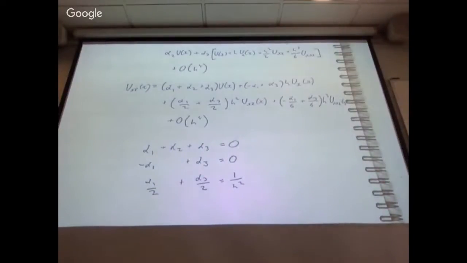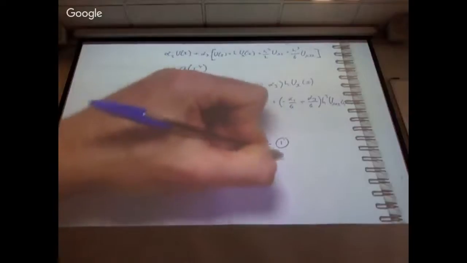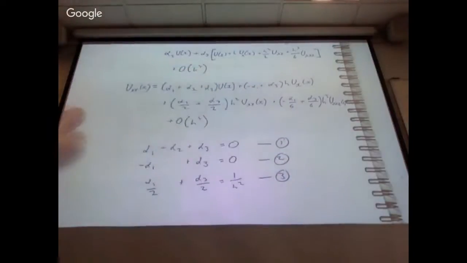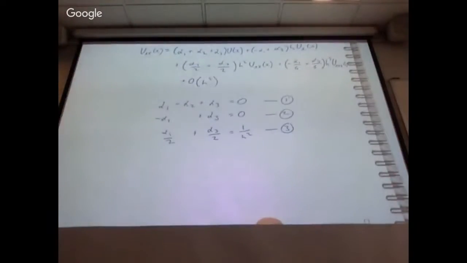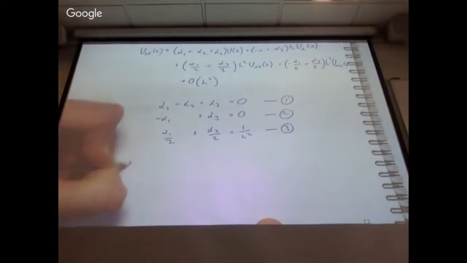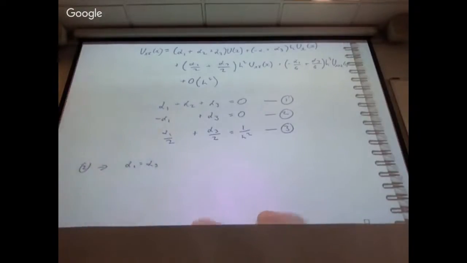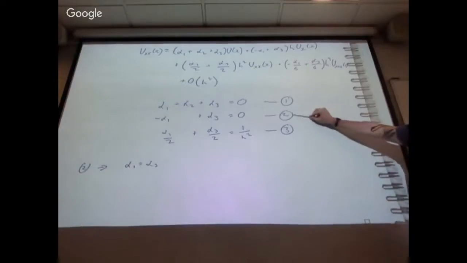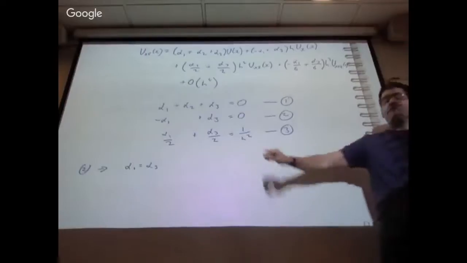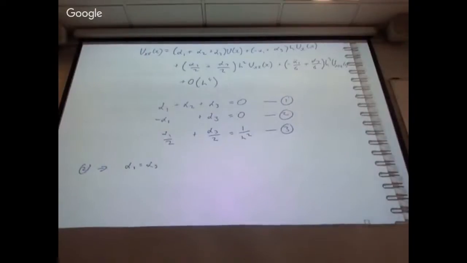We've got to solve that system now. Quite easy to solve. The second equation gives us alpha 1 must be the same as alpha 3.